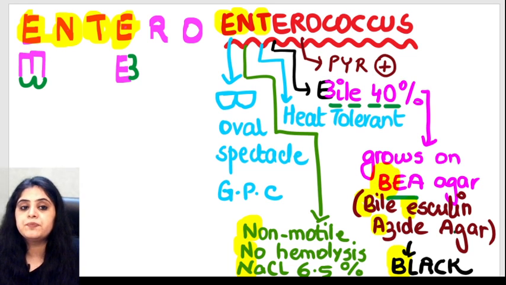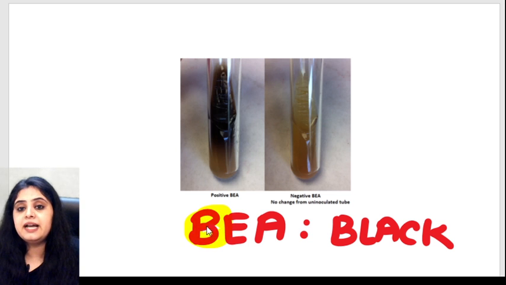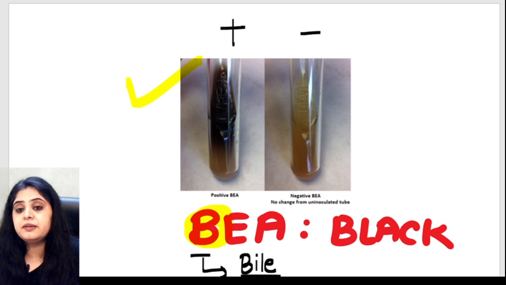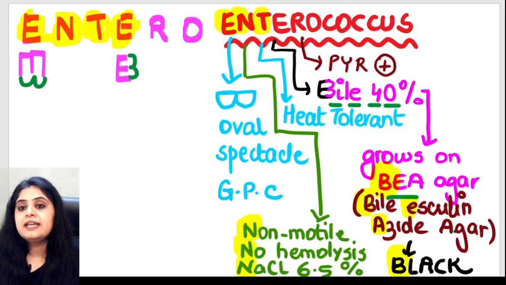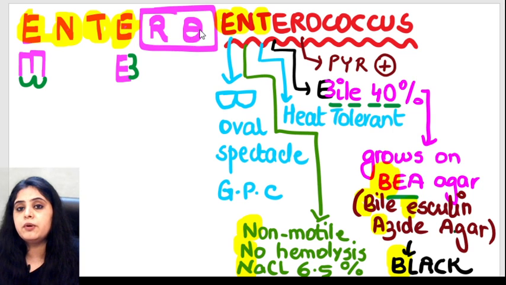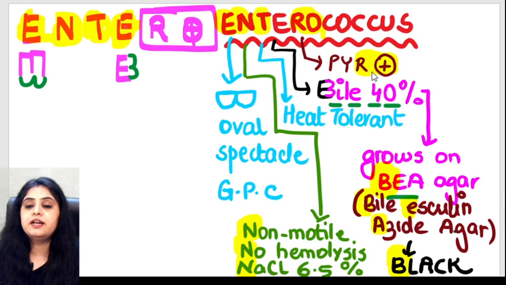I'll show you a picture. See, this is BEA test positive, black color, and BEA test negative. So B means bile, 40% bile it can tolerate. Having said that, what are R and O? There is a reaction which is going to come out positive, and that reaction is PYR test positive.